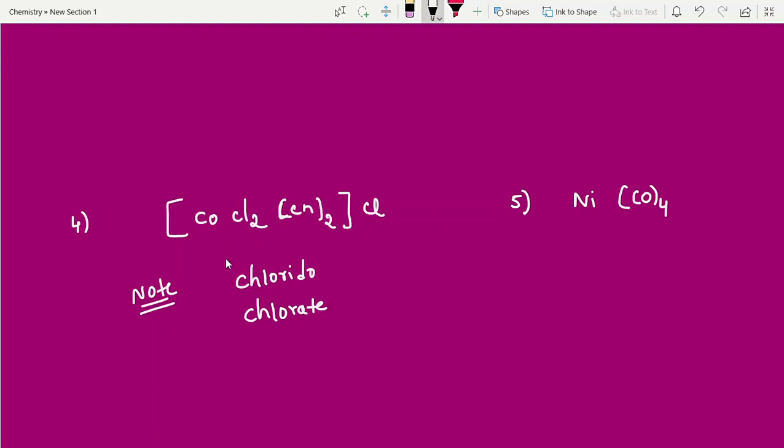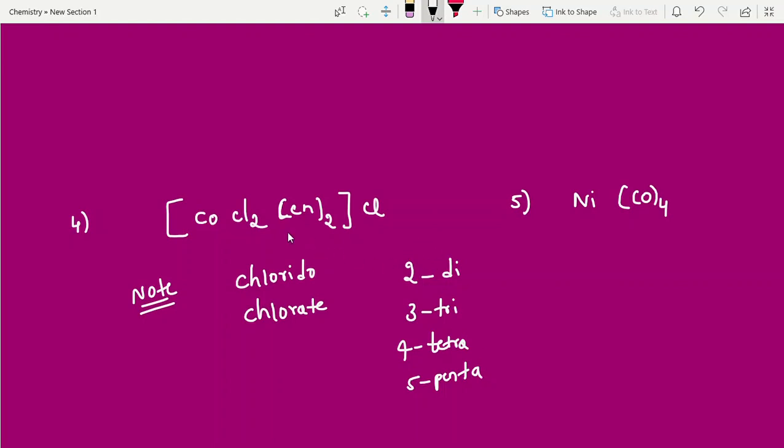Now try to give the name, students. What to write here for two chlorines? Here also en is nothing but ethane-1,2-diamine. Here 2, here 2. To avoid this confusion, one we write as di, one we write as bis. Generally 2 means di, 3 means tri, 4 means tetra, and 5 means penta, like this we take.